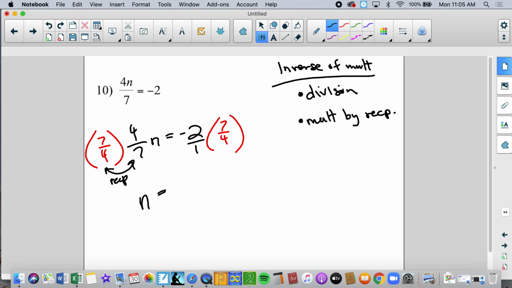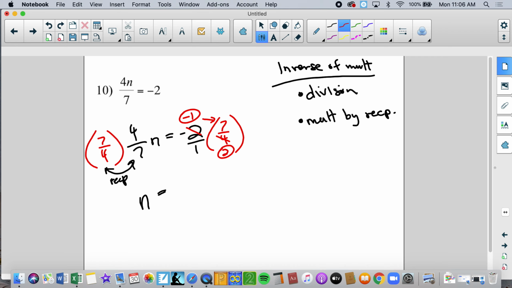And here we're going to turn -2 into a fraction as -2/1, and we're going to cross cancel. A lot of students don't cross cancel here. Instead of making it -14/4 and then reducing, it's much more efficient to deal with these numbers when they're broken up. So this becomes -1, 2 goes into -2 -1 times, and 2 goes into 4 2 times.